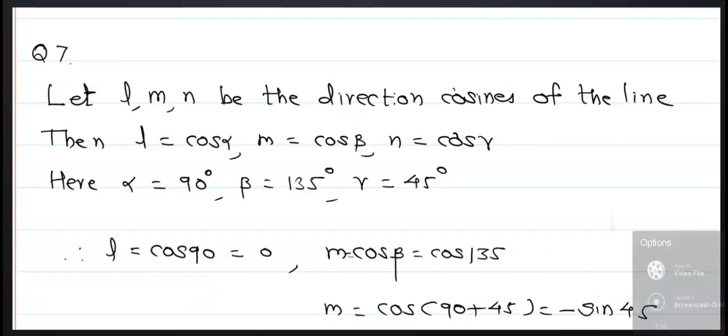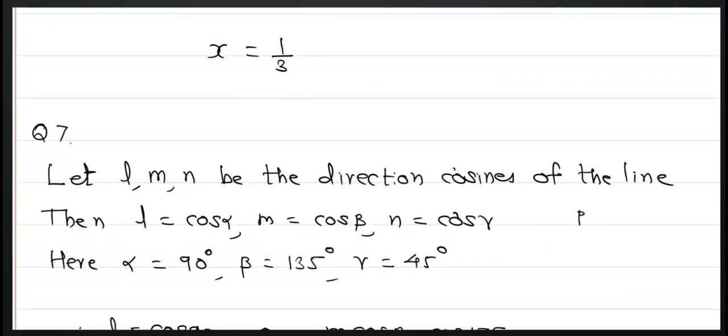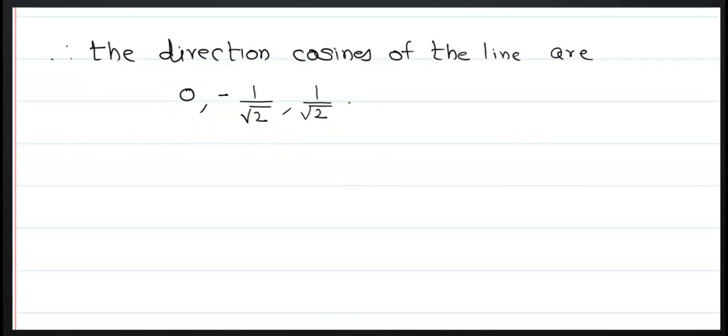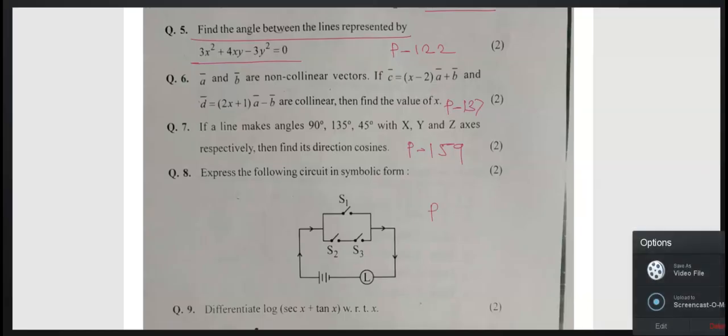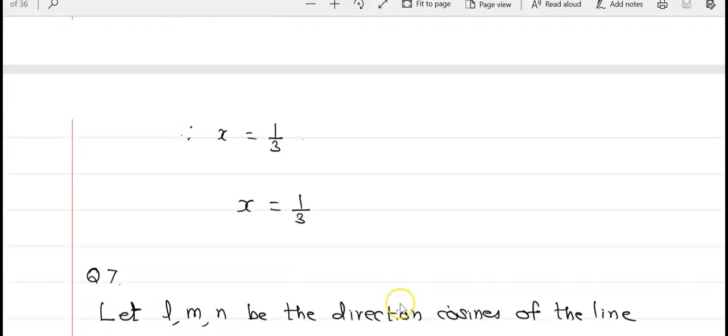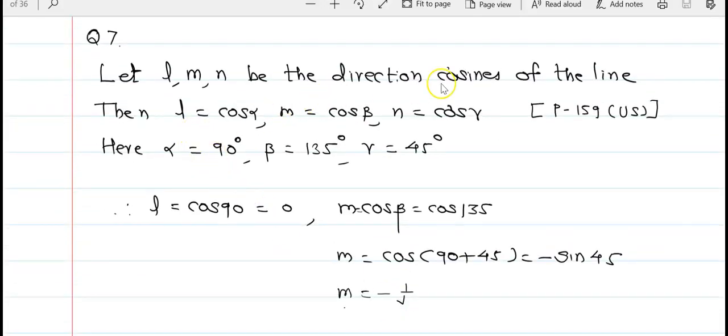This is the page number 159 unsolved question. Now see this again, we'll see the solution. Let l, m, n be the direction cosines of the line. Then l is equal to cos alpha, m is equal to cos beta, n is equal to cos gamma.